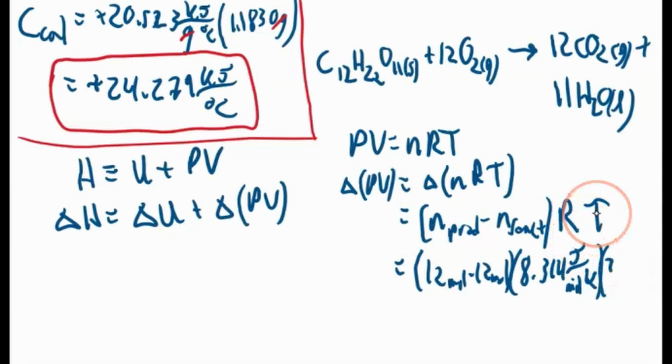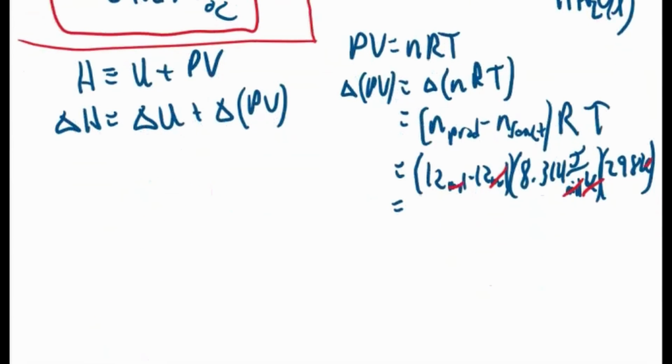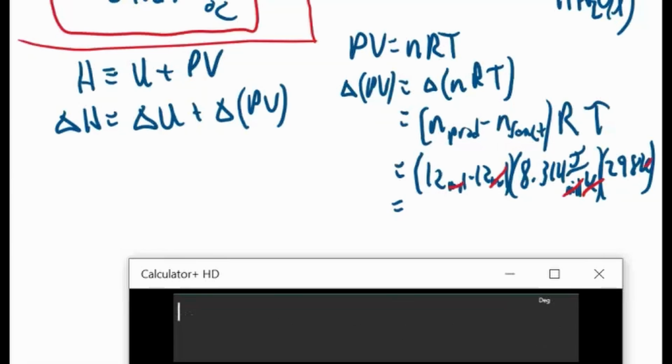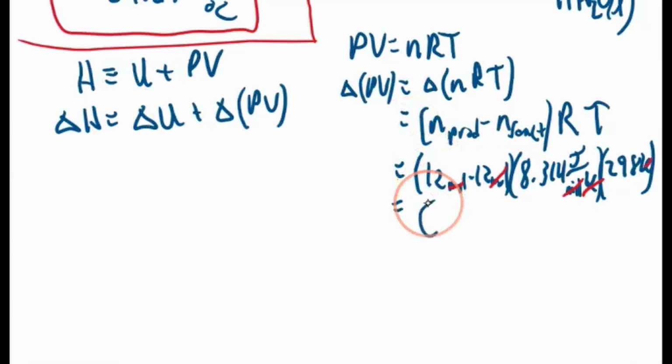It's the straight up temperature, 298 Kelvin. So Kelvin cancels out, moles cancel out, and we're left with joules. What's 12 minus 12? 0. So this is 0 joules. Now, this term just totally drops out.